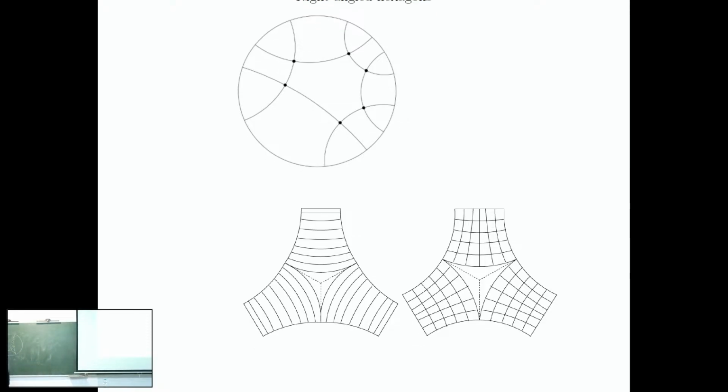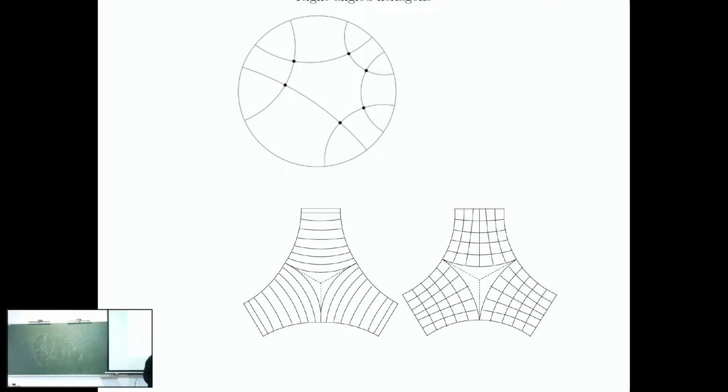And here, this foliation by pieces of horocycles is replaced by a foliation by pieces of hypercycles, that is, equidistant lines from these geodesic boundaries.